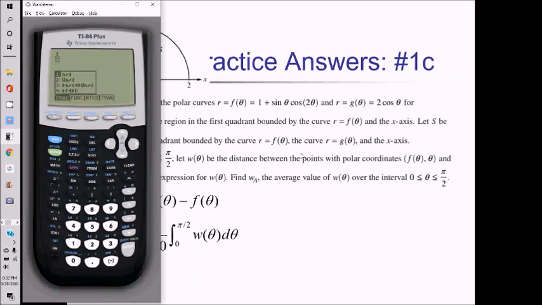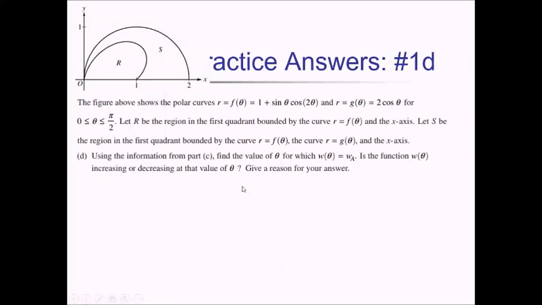This is kind of overkill, I could just do 2 over pi, but whatever. So pi over 2 down here. My calculator will change and flip for me because I'm so lazy. Now we have the integral, math 9, from 0 to pi over 2 of w, which I have conveniently stored as alpha trace y3. Put an x there next to the d, hope for the best, press enter. 0.485.